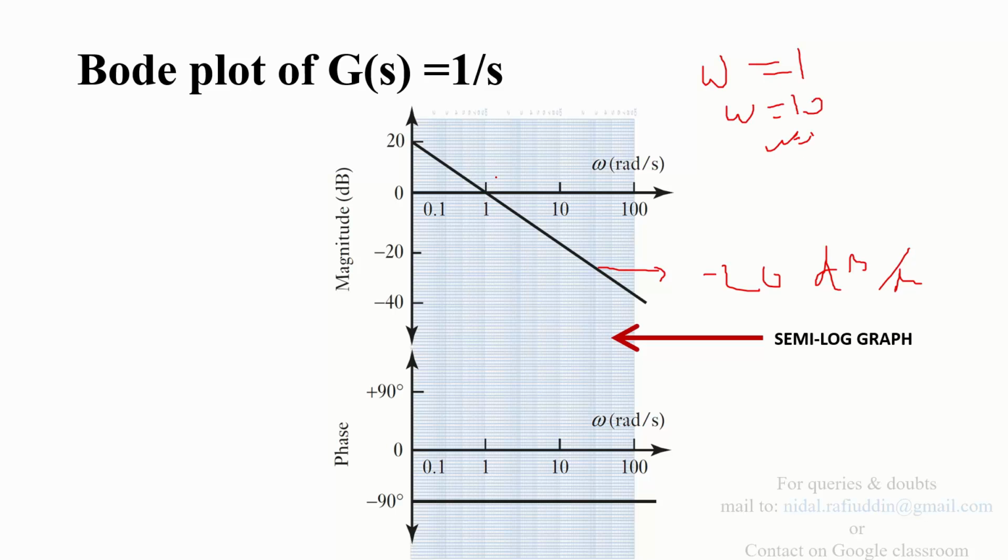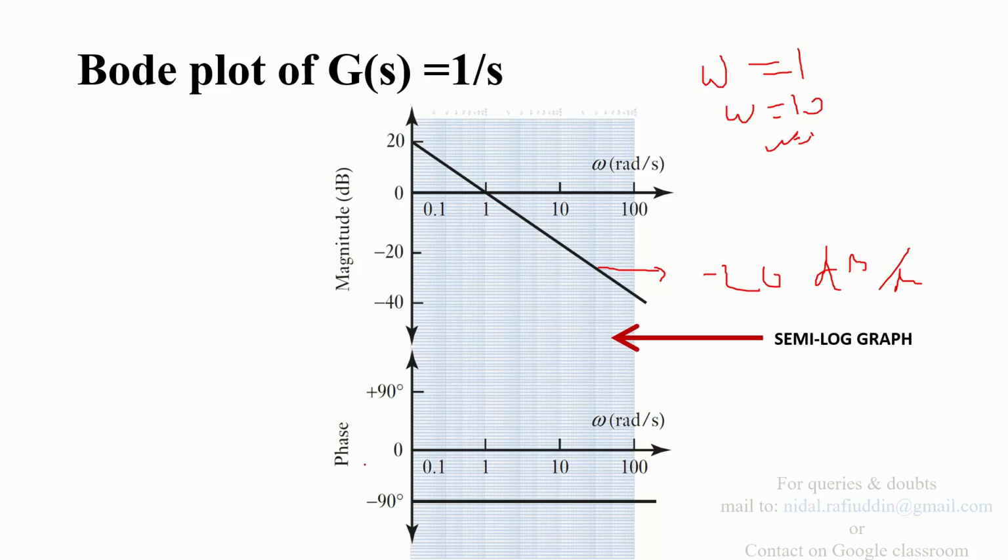For omega 1, we saw that dB was 0. For omega 10, dB was minus 20, and for omega 100, we have dB as minus 40. So we are going to have a straight line with a slope of minus 20 dB per decade, drawn by identifying one point and the slope, which is enough to draw the magnitude plot.